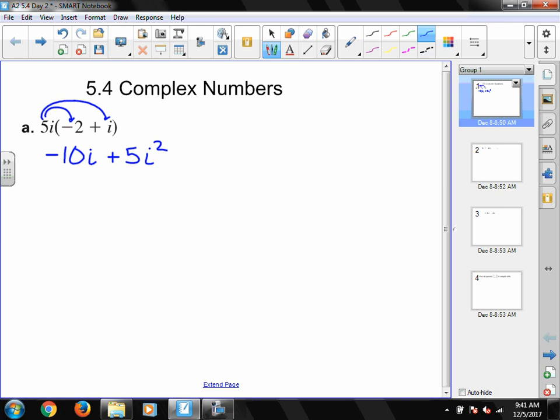And if you guys remember from the last video, i is the square root of negative 1, so i squared is going to be the square root of negative 1 squared. Remember from the last video, when we are squaring a square root, the square root is gone. So i squared is just going to be negative 1.